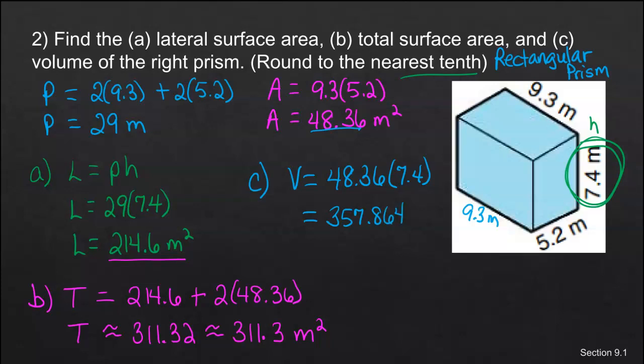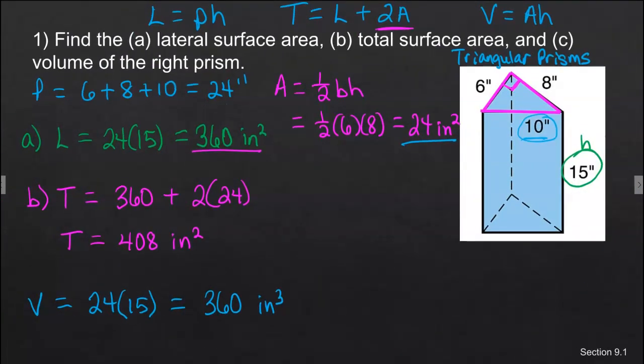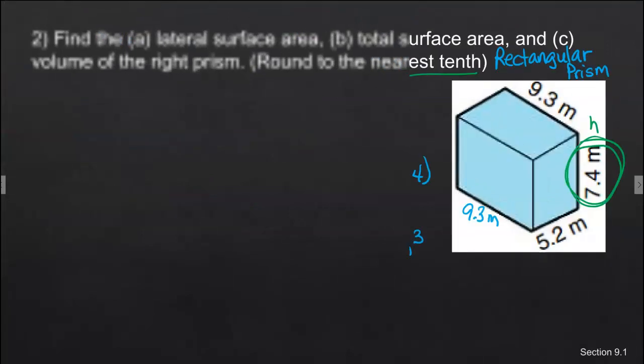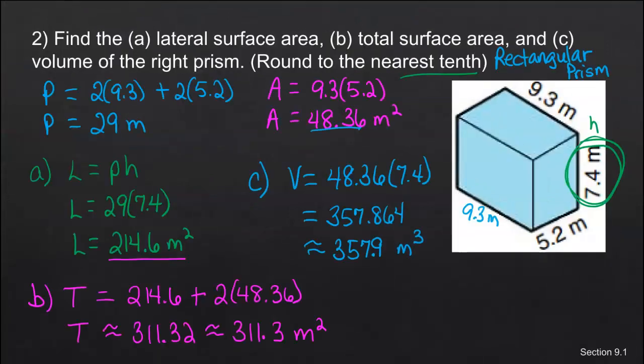Check that. Yeah, so that wasn't rounded, but then we're going to round it to the tenths place, so 357.9, right, meters cubed, because it is a volume. All right, let's look back at that. I did do cubed on that one. My numbers came back. There we go.